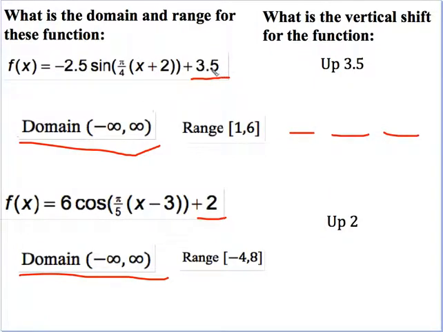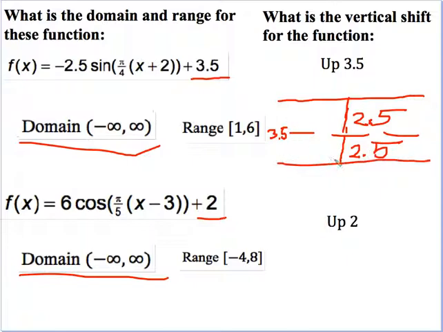In this case, you move the sinusoidal line up to when y is 3.5, and then your a value, your amplitude, is 2.5, so you're going to go 2.5 units up, and then you're also going 2.5 units down.